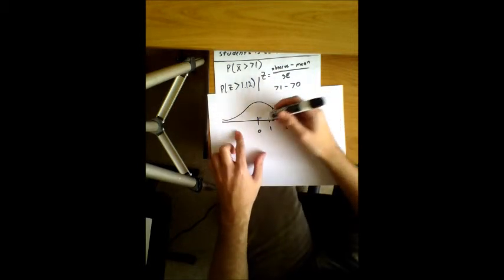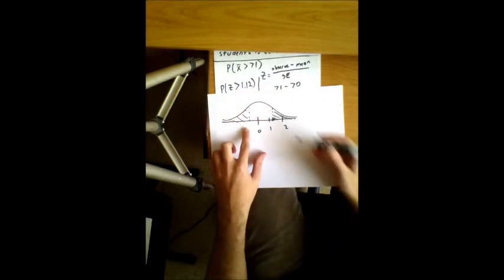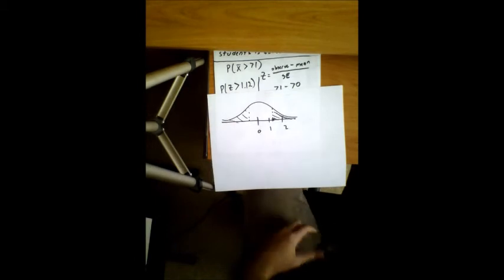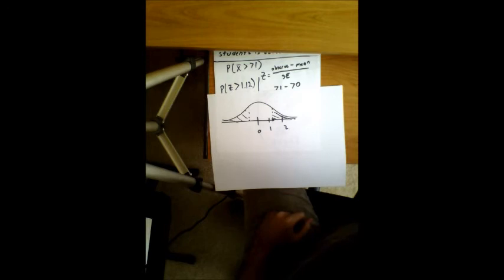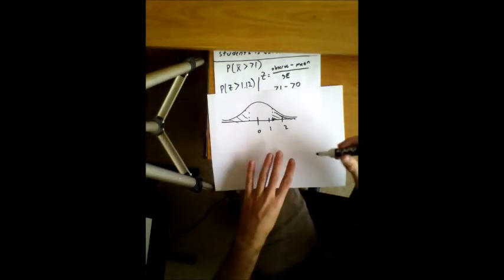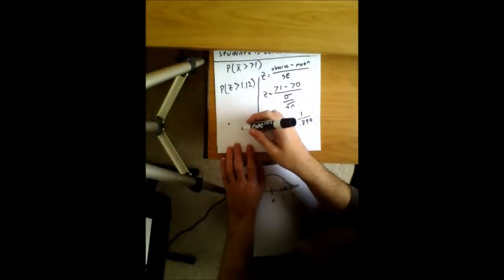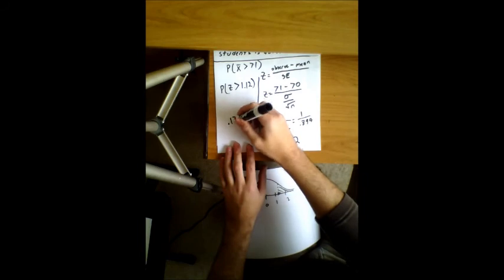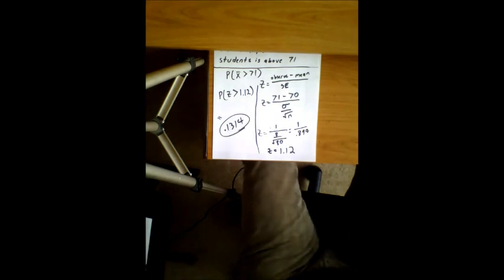Or you could use negative 1.12 because you know this thing is symmetrical, and then you don't have to do any of the subtraction. So negative 1.12 is 0.1314. So our probability is 13.14%.